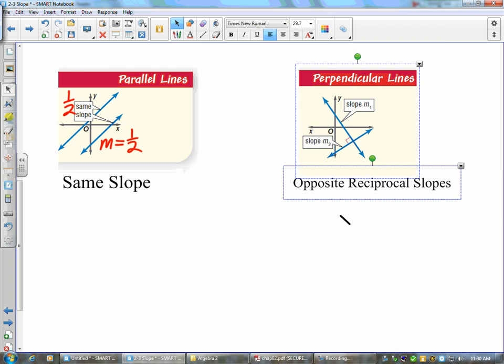So if this line coming up here, m1, is 2/3, then the slope going down will have to be negative, because opposite, and the reciprocal, 3 over 2. So opposite reciprocals of each other.